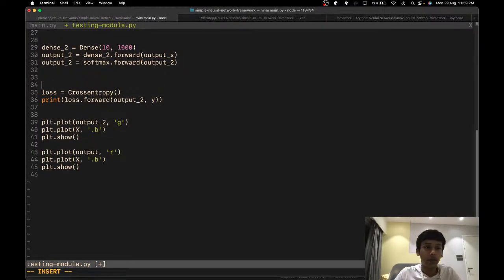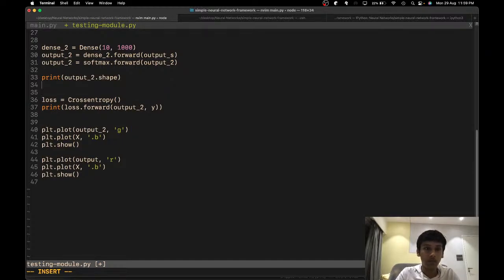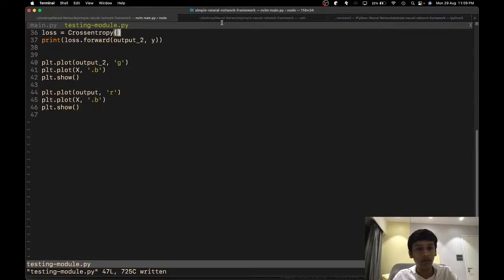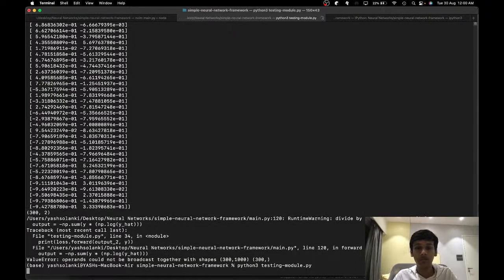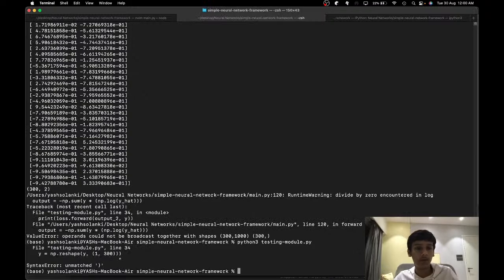I'm going to get the shape of the output. And we can also just do y equals np dot reshape y to a 1 and 300. Just do that. This should work.